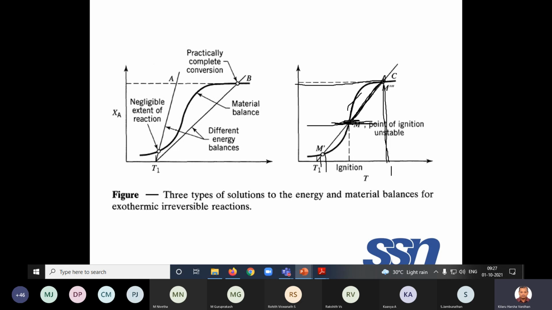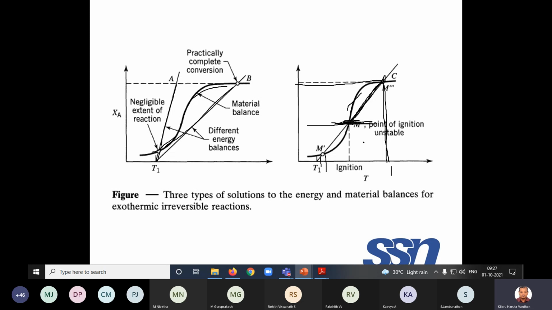So for the same energy balance, this is the material balance curve, and this is the energy balance. So different points will have the same thing. That is what we call multiple steady states. In technical terms, we call them bifurcation curves. I think these you can study when you are going, especially in MTech.